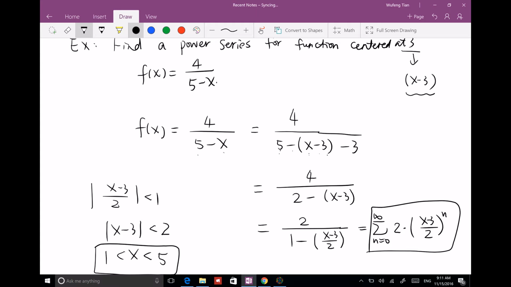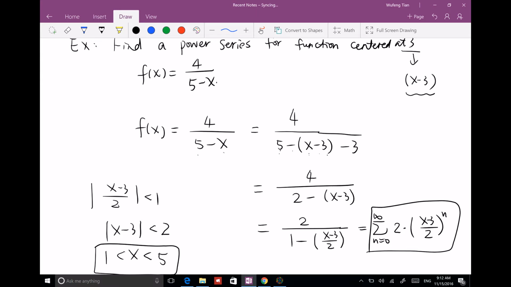So now if you do a quick check here, 4 over 2 minus, distribute it, is 2 minus x plus 3. So you still get 4 over 5 minus x, the same thing as the original function. I don't change the function at all, just change the form a little bit. Make sure it has a center, x minus 3, coming out.